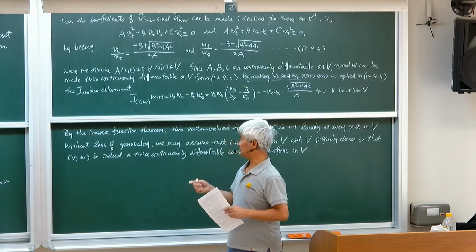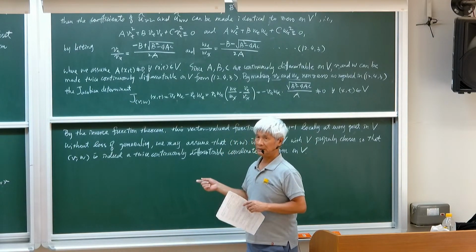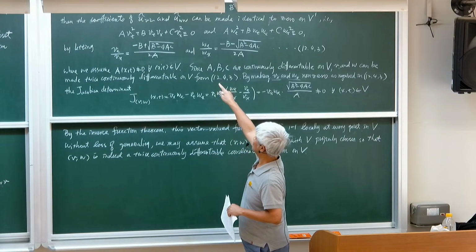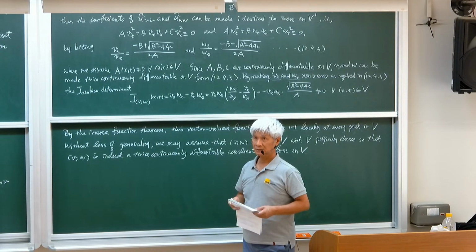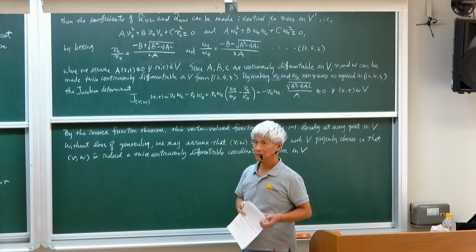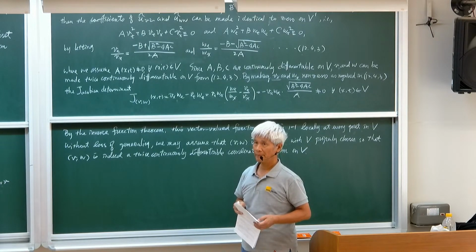Yeah, first order will be sufficient. But here we require second order, twice continuously differentiable. This is much stronger. I mean, the inverse function theorem only says that if you are differentiable from left to right, with first order, then you can say that it's differentiable from right to left. And you assume that from left to right you have second order continuous differentiability. Yeah, stronger.